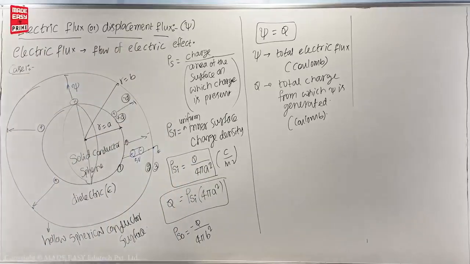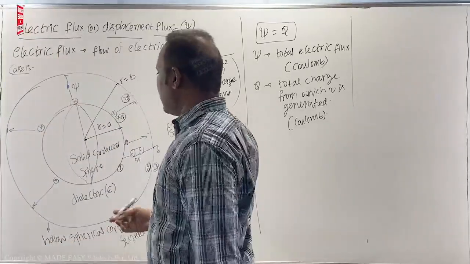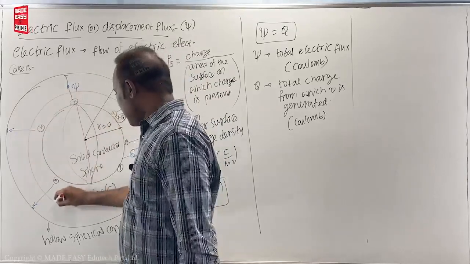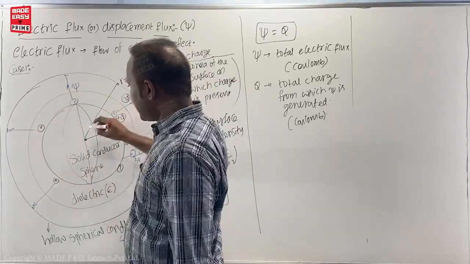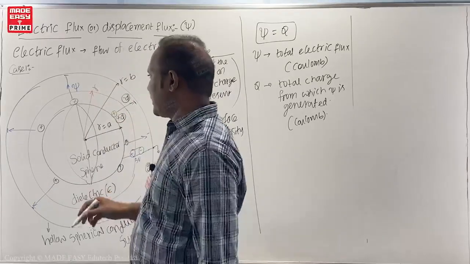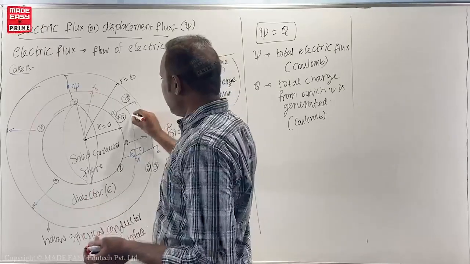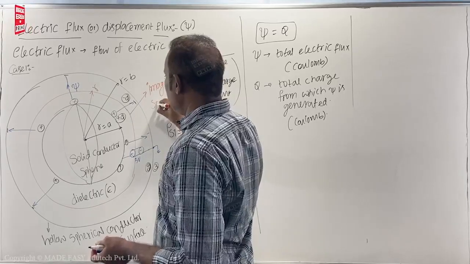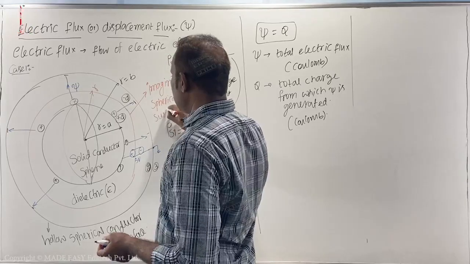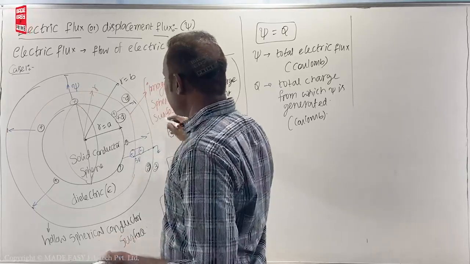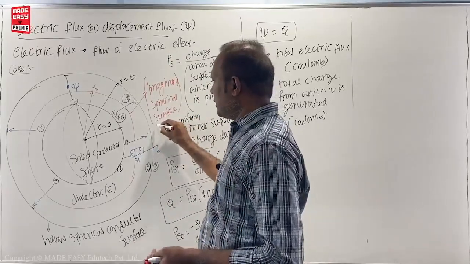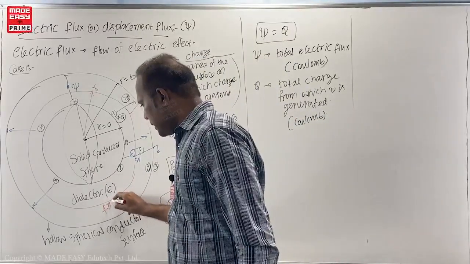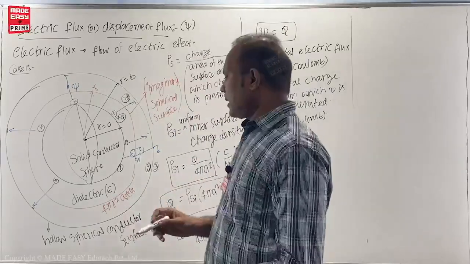Now, if you imagine one spherical surface of some radius r, a general radius, an imaginary spherical surface, with area 4 pi r square, dear students, because it is a spherical surface.